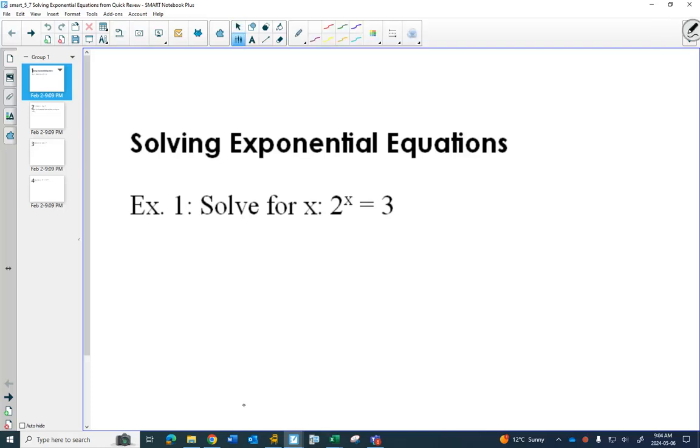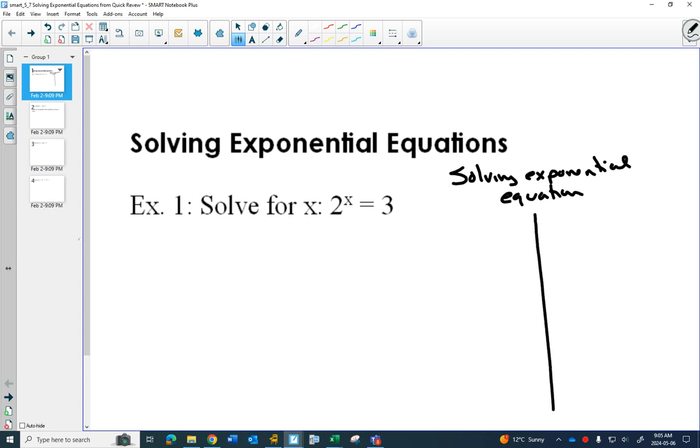So now we are going to look at solving for x in an exponent, right? This is solving an exponential equation, and I'm going to split it up because we already did the non-calculator part when we did section 5.2 and 5.3.